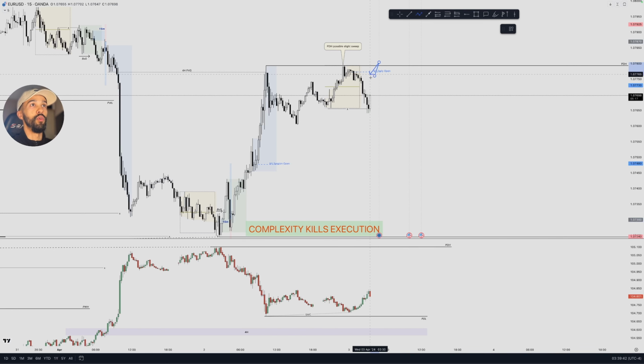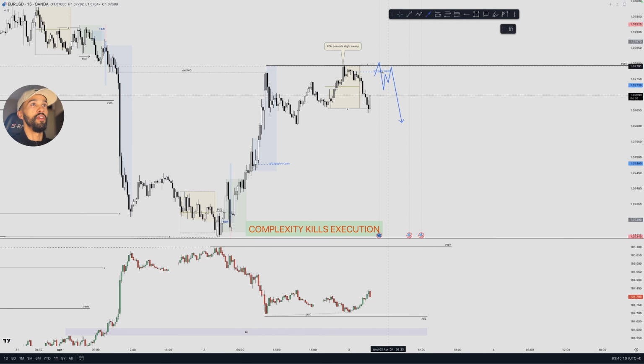So I would want us to have created some structure already here, break that structure, pull back to our POI, which is left behind where we created that momentum break of some sort of structure there, and then we can just trade lower. So I'll annotate this out now for us. We would have our buy side liquidity sweep here.